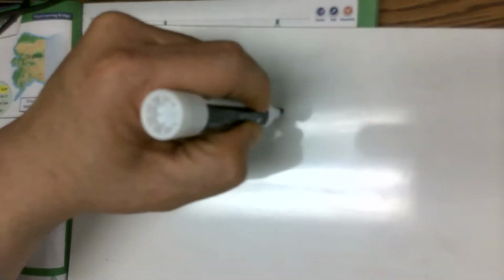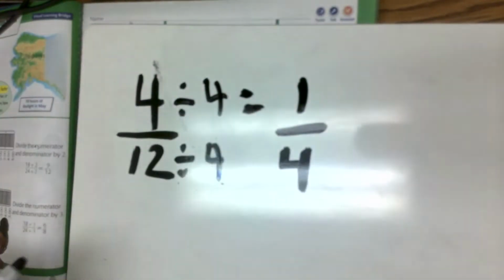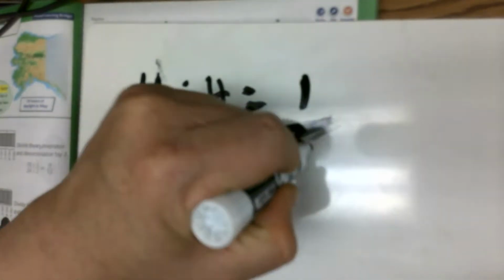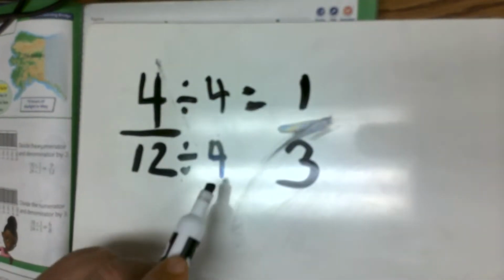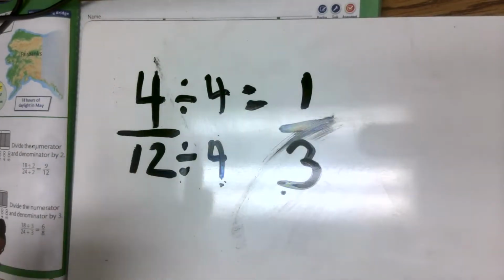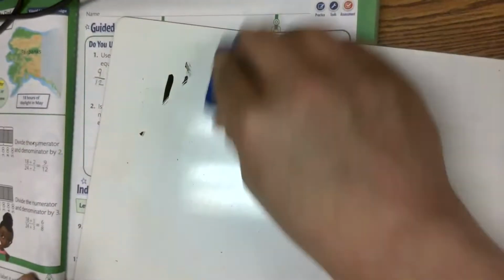4 divided by 4 is 1. 12 divided by 4 is 4. Or excuse me, is 3. My mistake. 1/3, because 4 times 3 is 12, and 4 times 1 is 4. Perfect. So I know I could use that as an example.